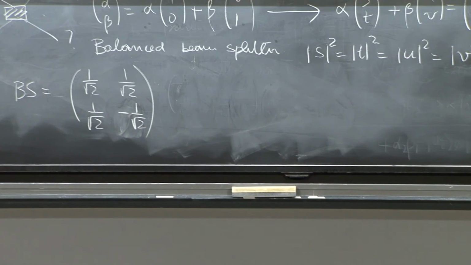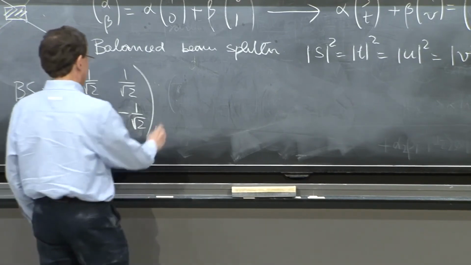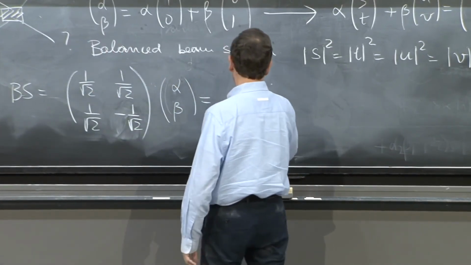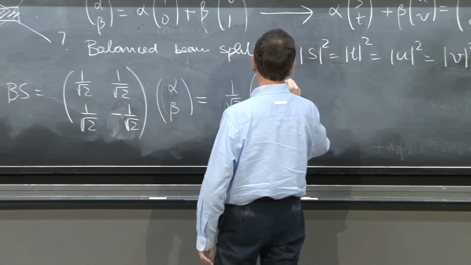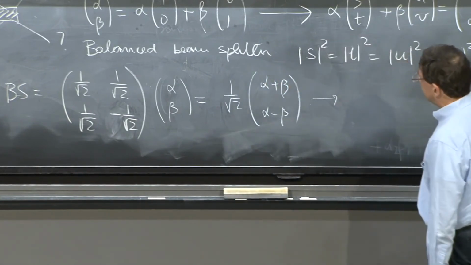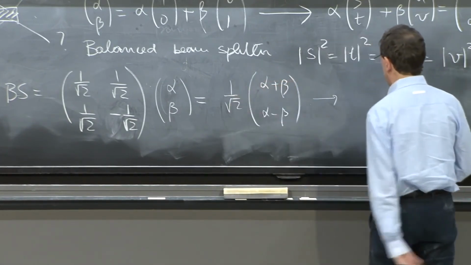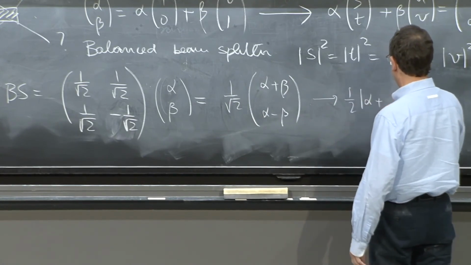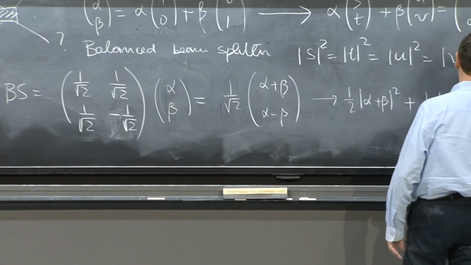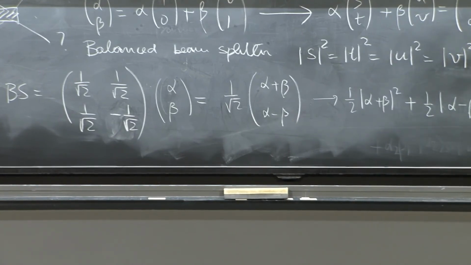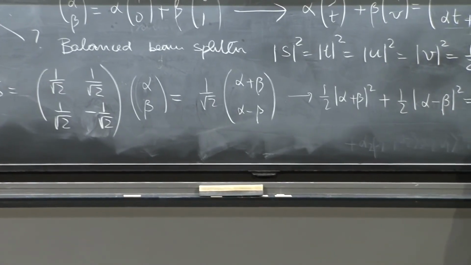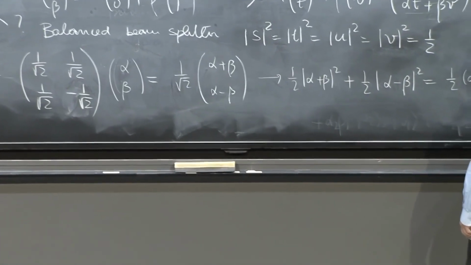So how about if we try it in general? If I try it in general, acting on alpha beta, I would get 1 over square root of 2, alpha plus beta, and alpha minus beta. Then I would check the normalization. So I must do the norm of this squared. So it's 1/2 |alpha plus beta|^2 plus 1/2 |alpha minus beta|^2. Well, what is this? Let me go a little slow for a second.